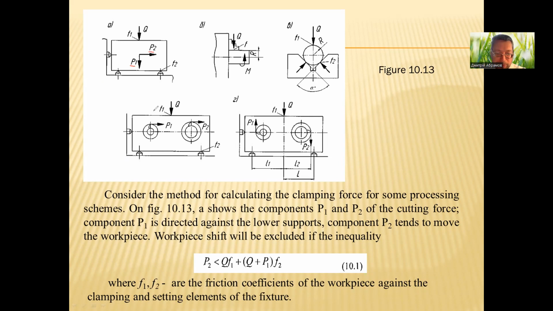Workpiece shift will be excluded if the inequality P2 is less than Q multiplied by F1 plus Q plus P1 multiplied by F2 holds. In this formula 10.1, F1 and F2 are the friction coefficients of the workpiece against the clamping and setting elements of the fixture.